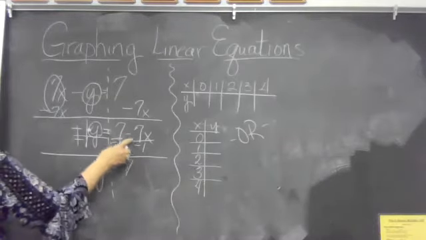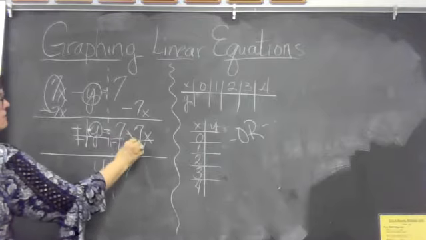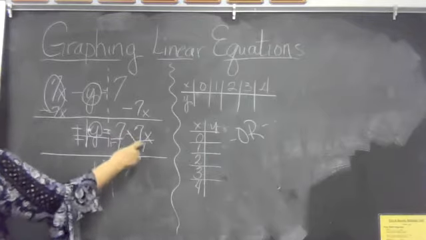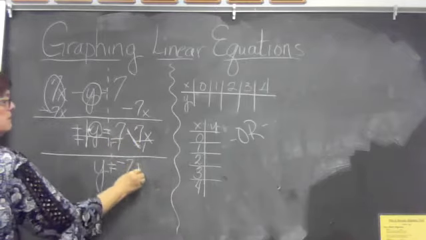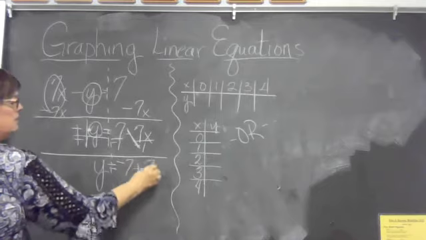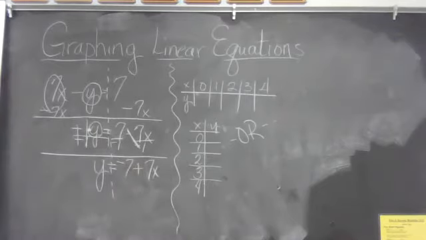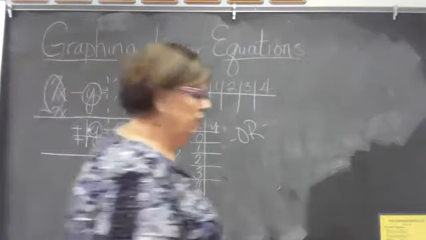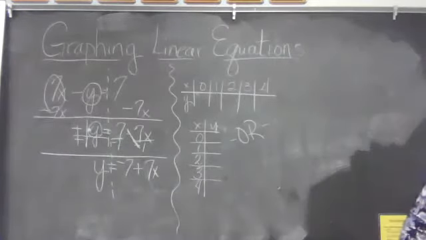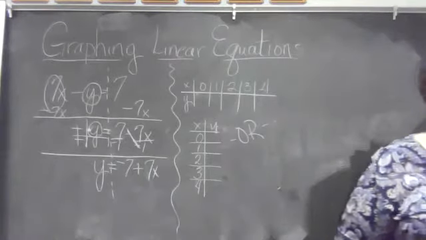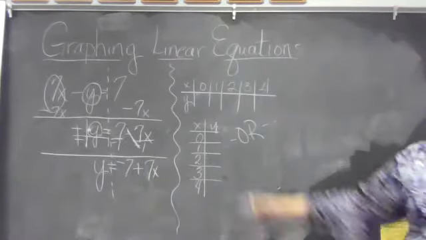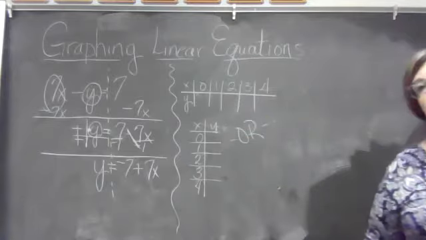And this minus and this negative cancel each other out, so 7 over 1 is just 7. So I have a plus 7X. Now this is just the solving for Y. And if you solve for Y first, it's going to make filling out the T-chart actually easier.